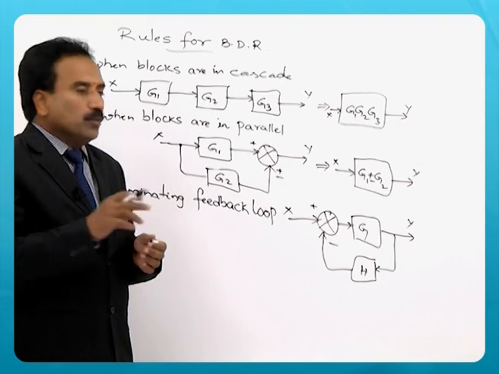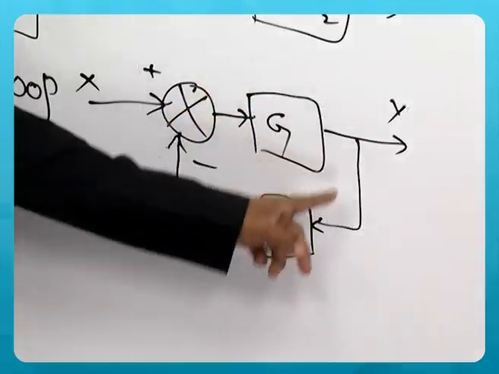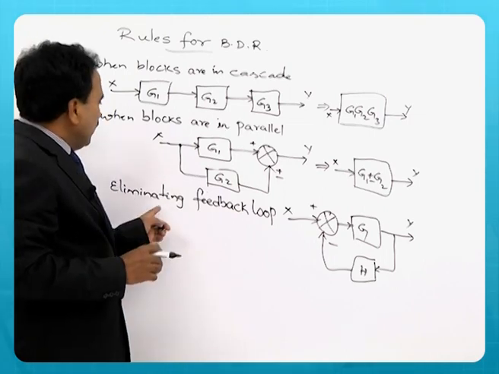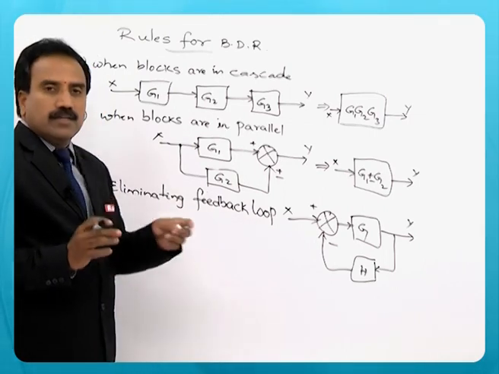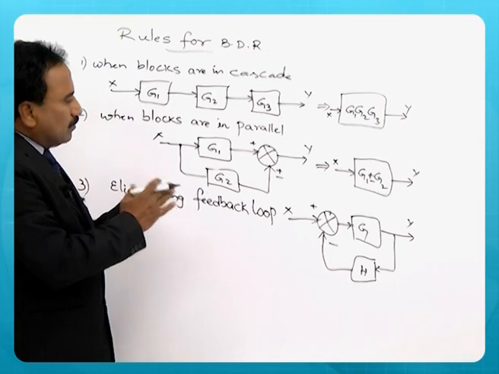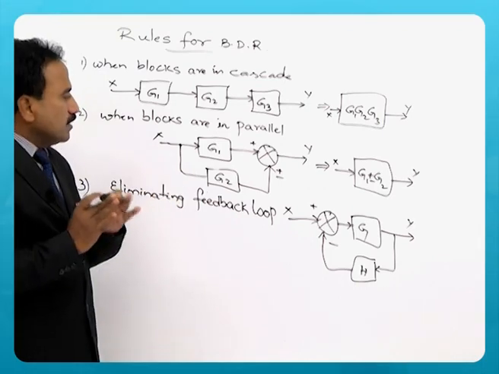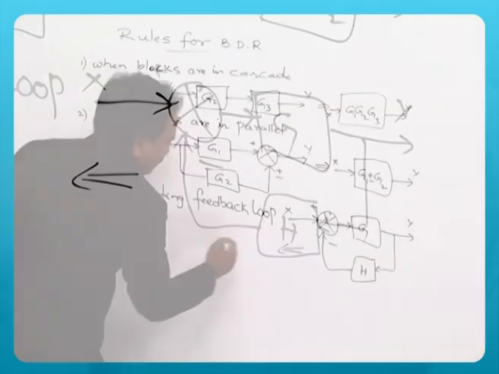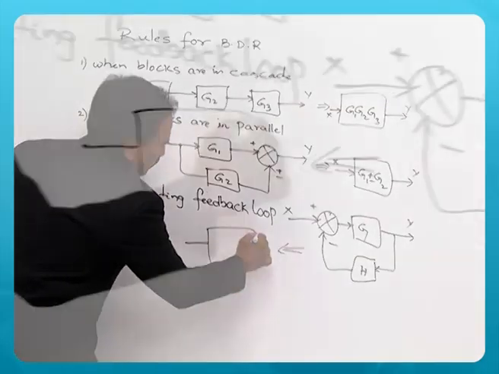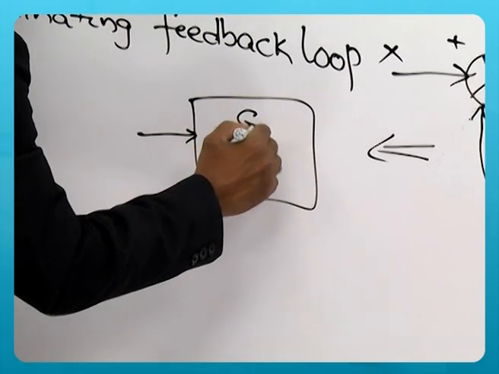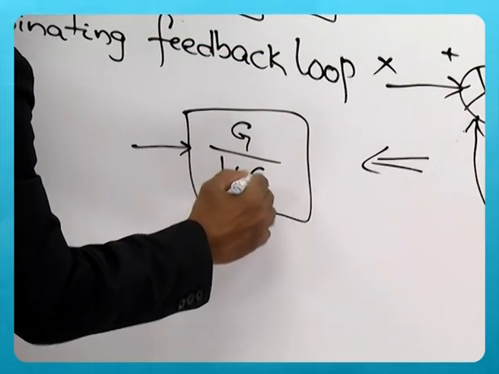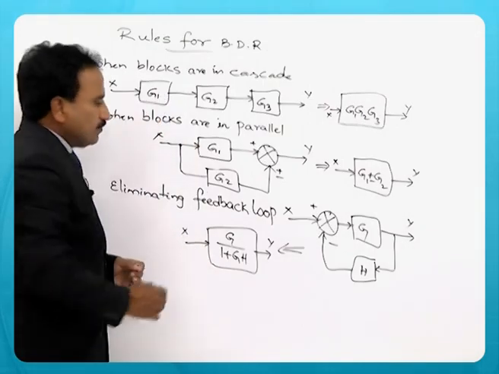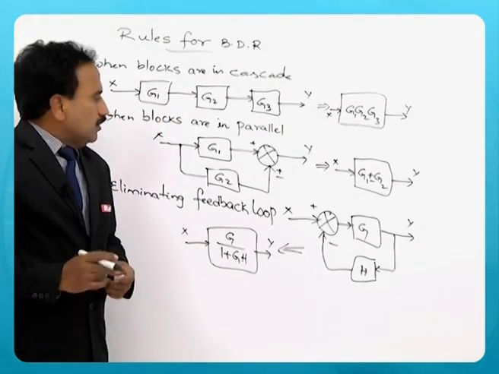So, this is a loop. Now, I want to eliminate that, reducing those three components into a single block. So, the resultant is G by 1 plus GH. So, this is rule 3.